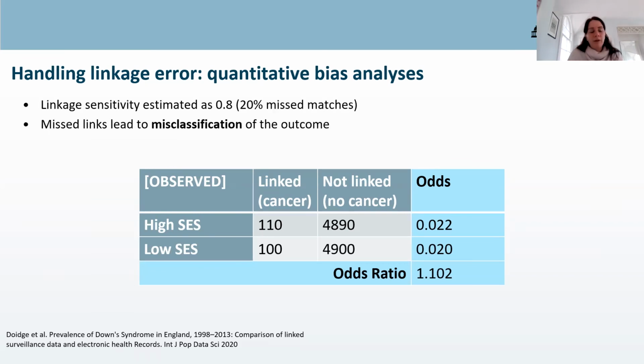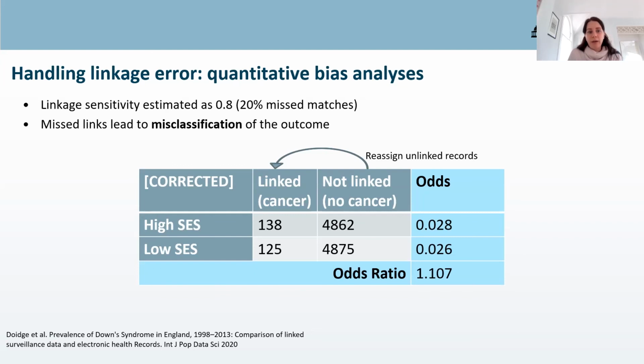But say we know that we had a linkage sensitivity of 80%, so we'd missed 20% of the matches. And we know that if we've missed a link to the cancer registry, we've misclassified that outcome, then we could think about reassigning unlinked records according to our estimate of the mismatch rate. So this would, in this case, change our odds ratio slightly, but not our interpretation of it.